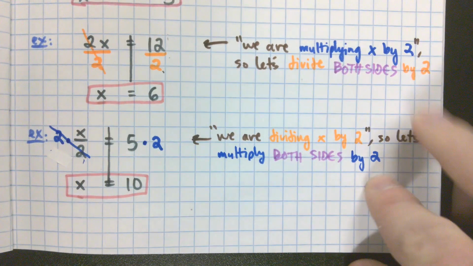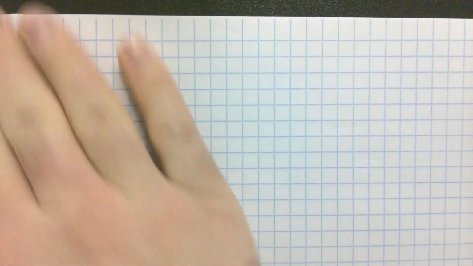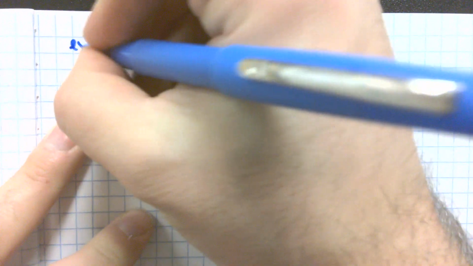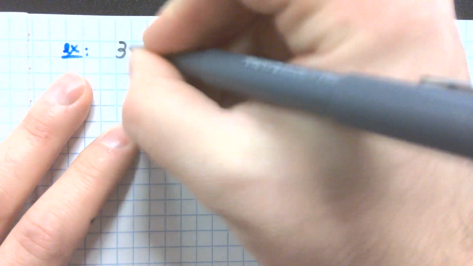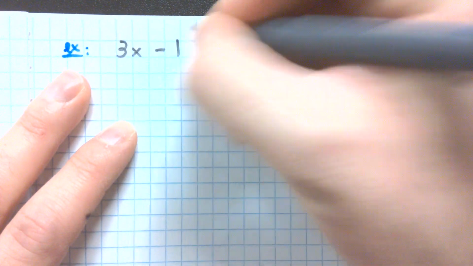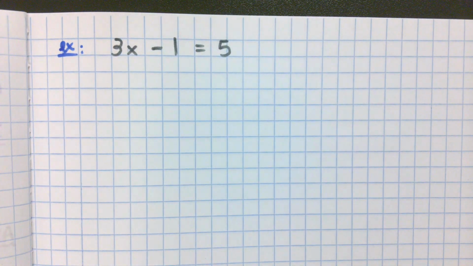Let's take it up a small notch. With the example 3x minus 1 equals 5.